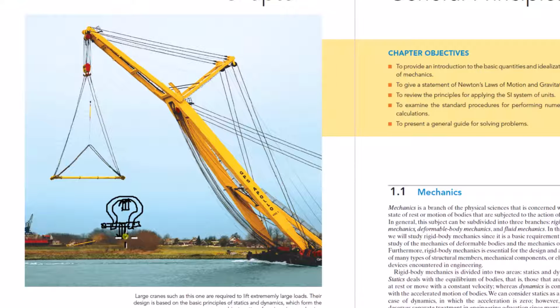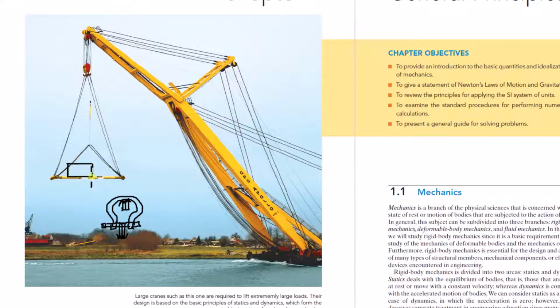But let's say this was a beam, and there was a really heavy crate sitting here.